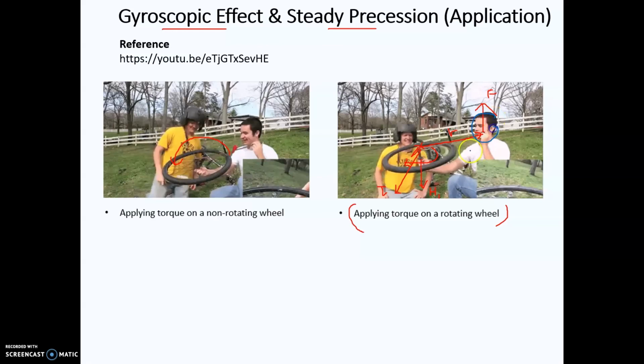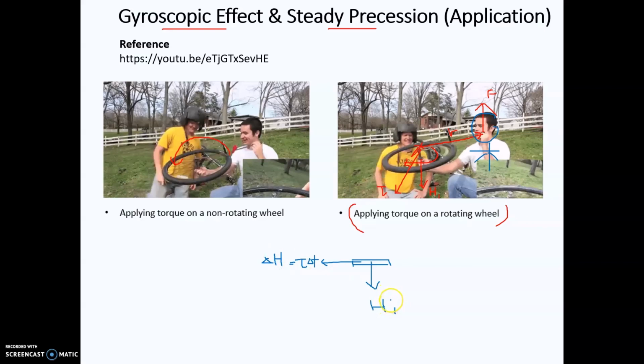Imagine you are this guy here and you see the motion of this wheel. You should be able to observe that H1 is moving downward and the torque is moving to the left. Torque multiplied by delta T gives you the change of angular momentum.